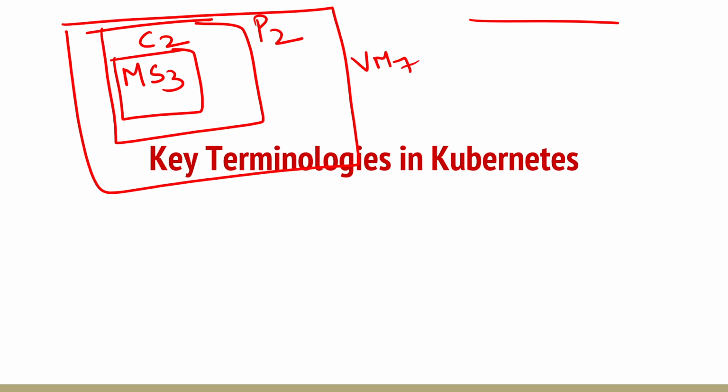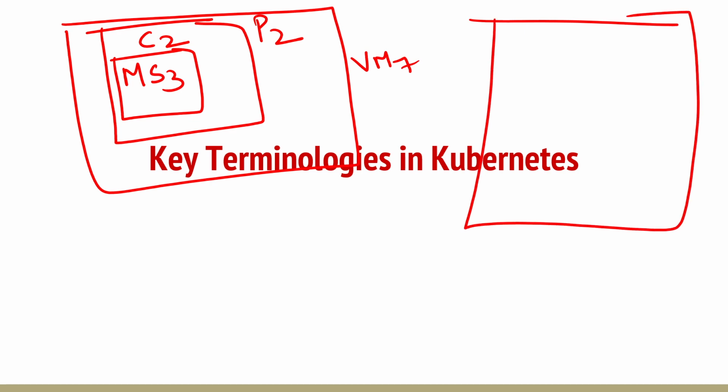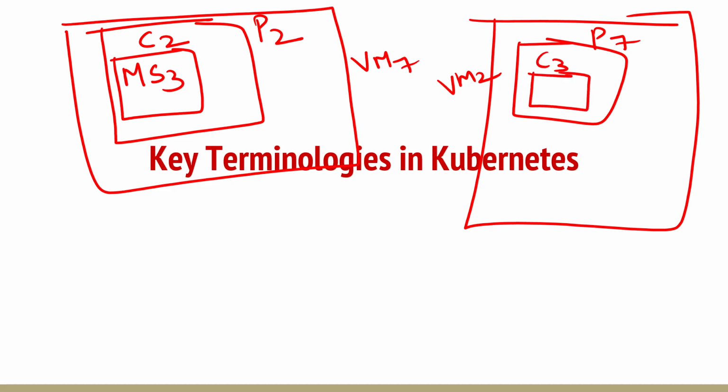There is another virtual machine VM2, inside that there is one pod P7, inside this there is another container C3 where microservice 1 is running. Maybe there is another pod P9, there is a container inside it and there is one microservice 11. So, this is the architecture.